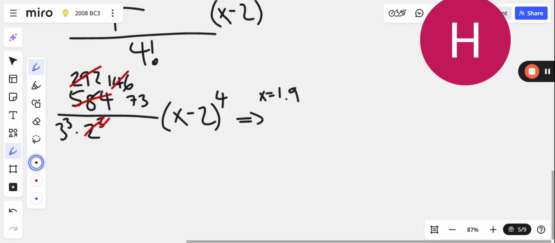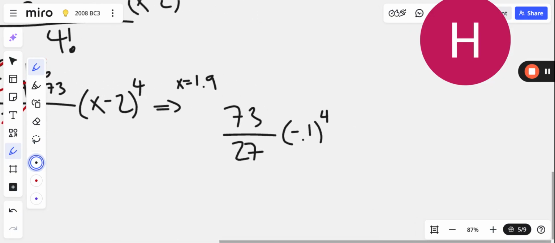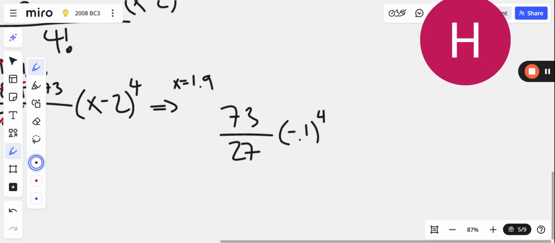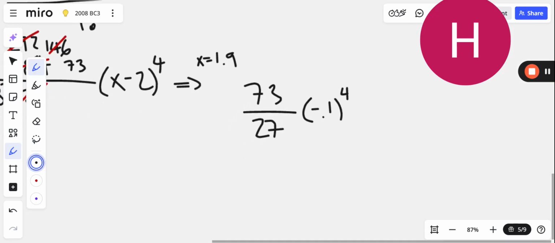Now, I'm not saying you should do any of this by hand necessarily, but 73 over 27 times negative 0.1 to the fourth. That negative 0.1 to the fourth is going to take it way low. So let's see, 73 over 27, and then times 0.1, times 0.1, times 0.1, times 0.1. Now, if you did 73 over 27, you should have something promising, because that's something like 2.7037.